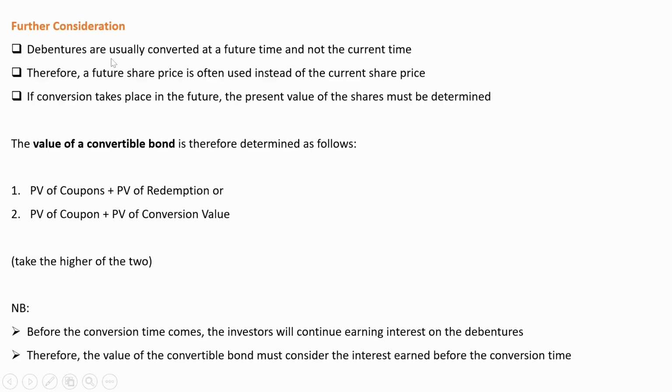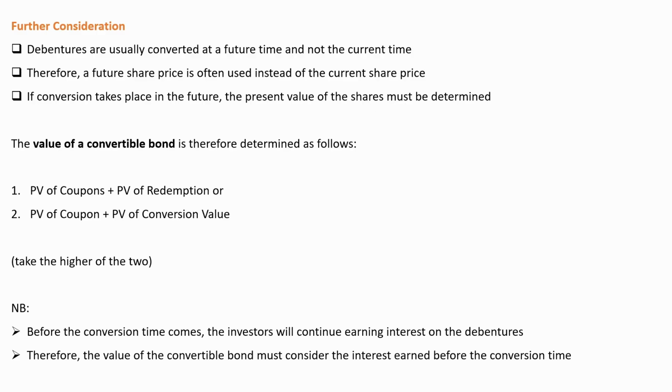One is that debentures are usually converted at a future time and not the current time. What does that mean? It means that a future share price is often used instead of the current share price. If you are using the future share price, there is something else you have to do to it. If conversion takes place in the future, the present value of the shares must be determined.